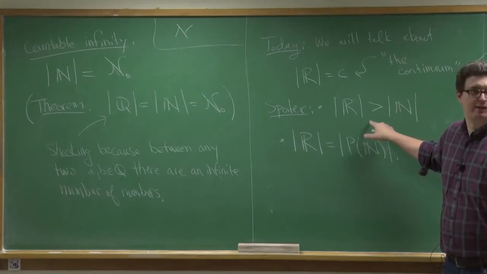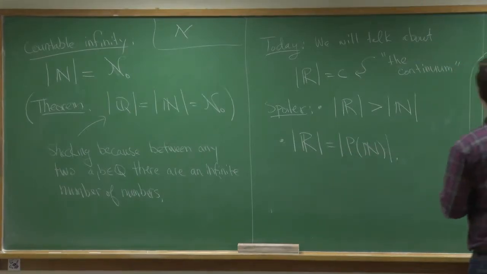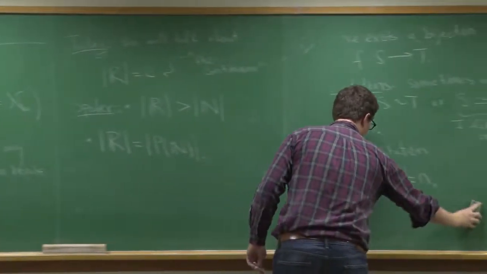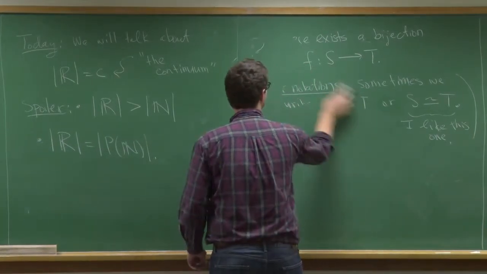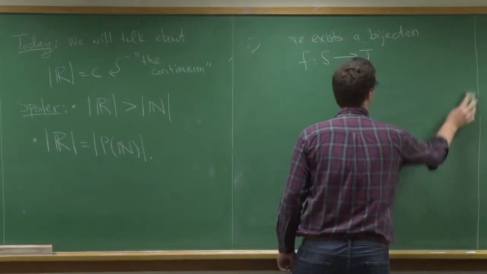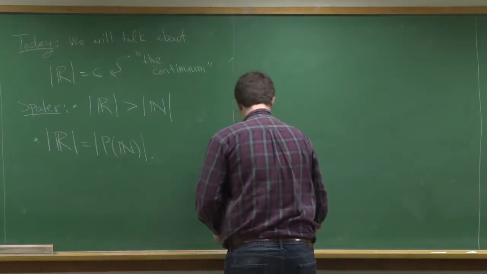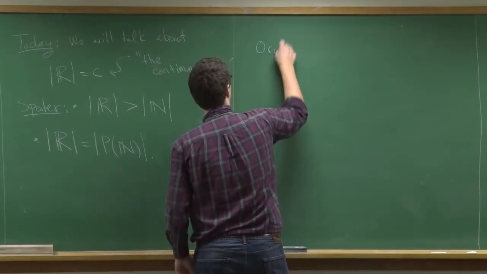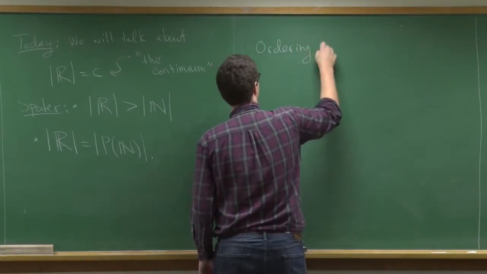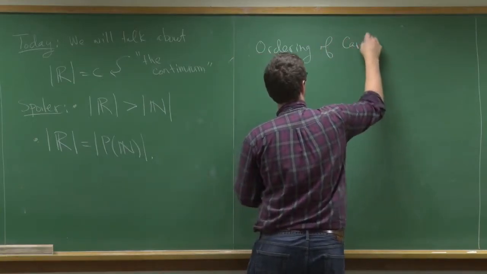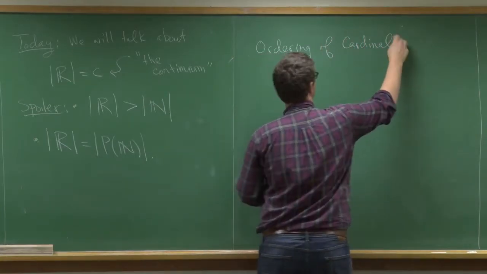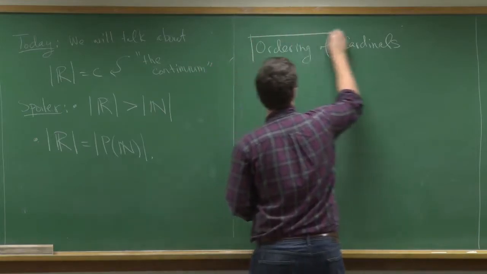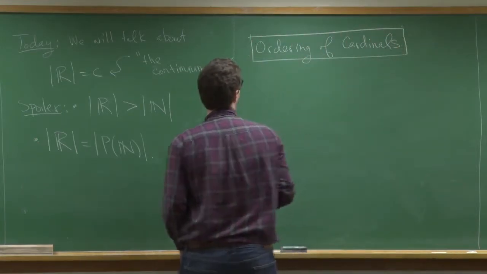All right. So I didn't talk about what this symbol meant. So I'm going to define this first. Okay. So let's start with the ordering of the cardinal numbers. Okay.